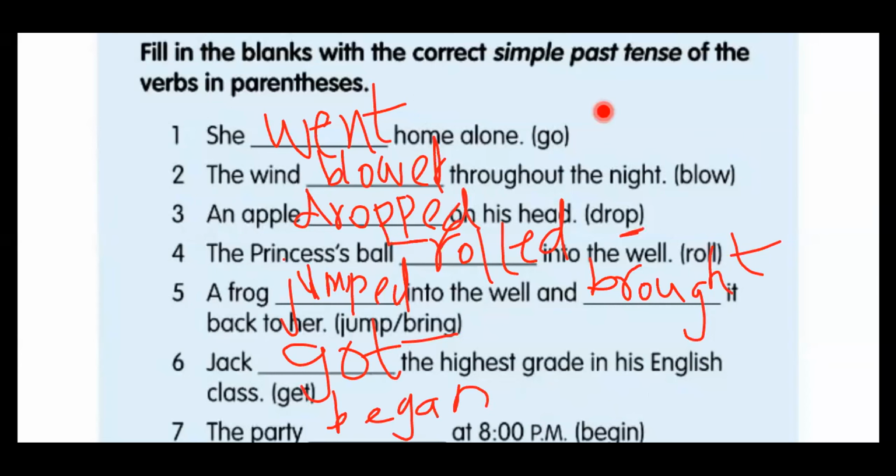Now all of you read the sentences with me. She went home alone. She went. Yes, read the sentences I said. She went home alone. Once again. He went home alone.